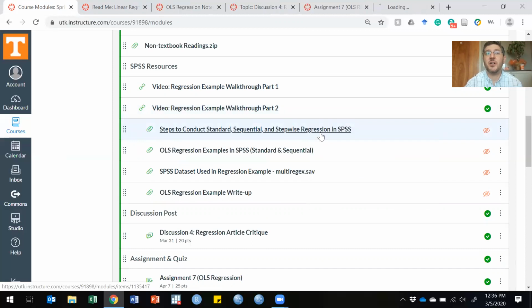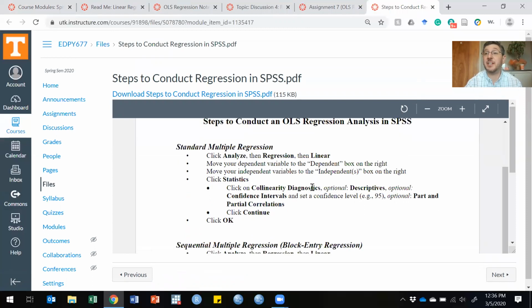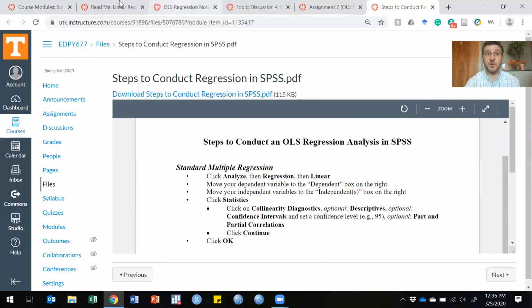Here is a list of the steps for conducting a multiple regression analysis in SPSS. So you can see, click on Analyze, Regression, Linear, and follow along through these notes, depending on which kind of regression analysis you want to perform.